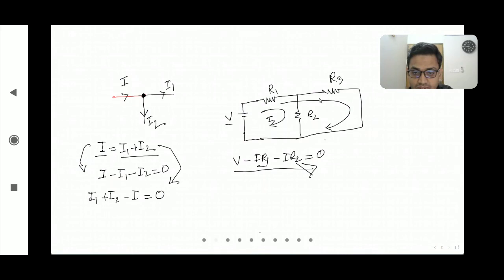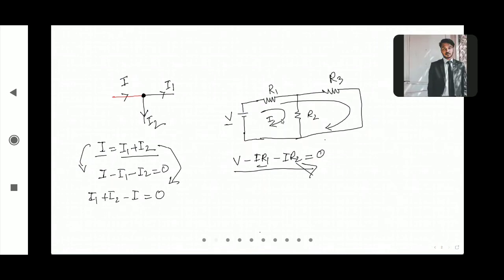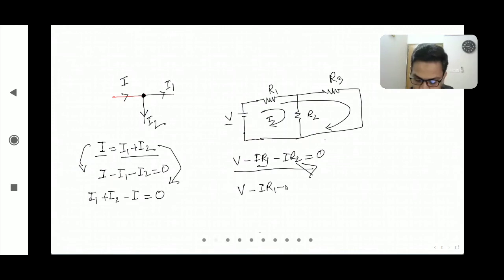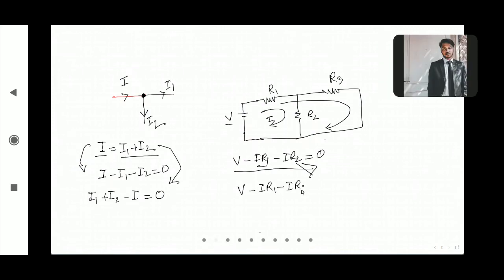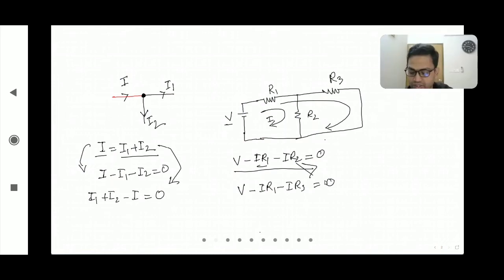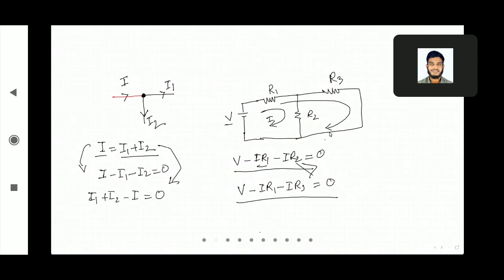Look, this one. Sir, V minus IR1 minus IR3 equals 0. Yeah, correct. So that will be Kirchhoff's voltage law in the second loop. Remember, Kirchhoff's voltage law is true for all closed loops in a circuit.